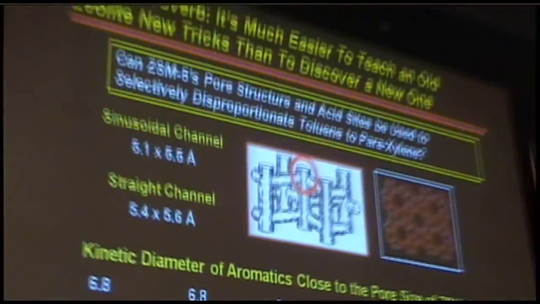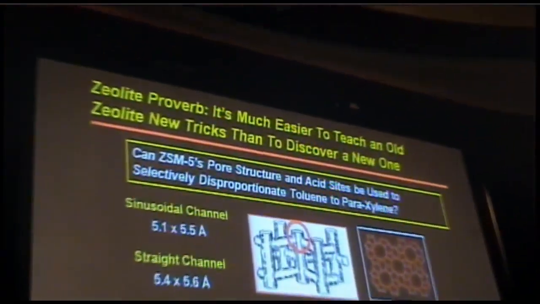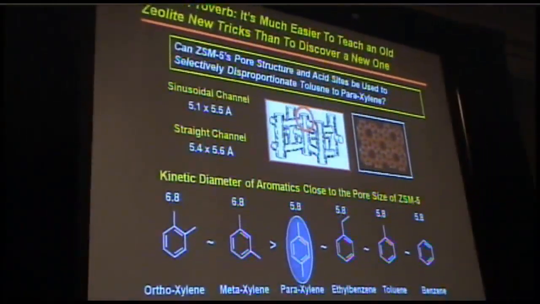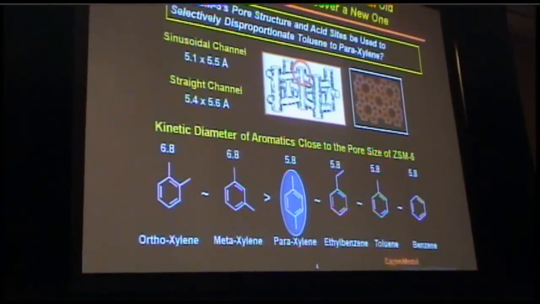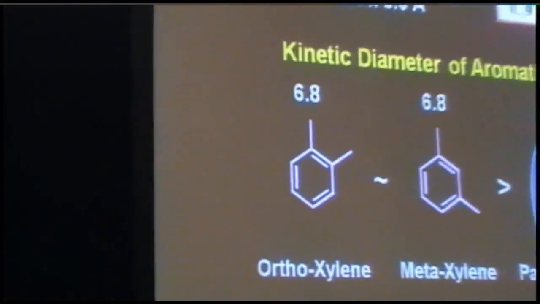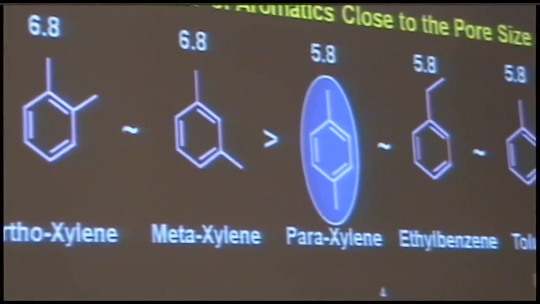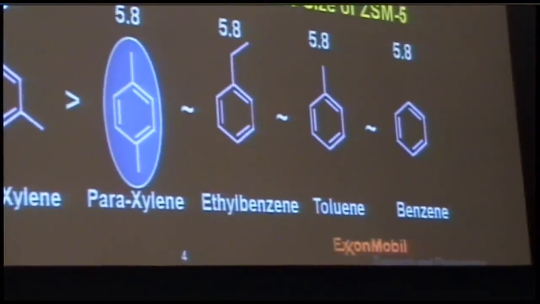So we have a proverb that's developed over the years in ExxonMobil, and the proverb is, it's much easier to teach an old zeolite new tricks than to discover a new one. And in the case of certain zeolites like ZSM-5, we've taught ZSM-5 a lot of tricks over the years. It's probably the world's most versatile of the zeolites.